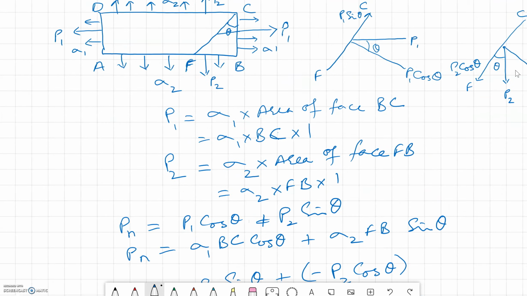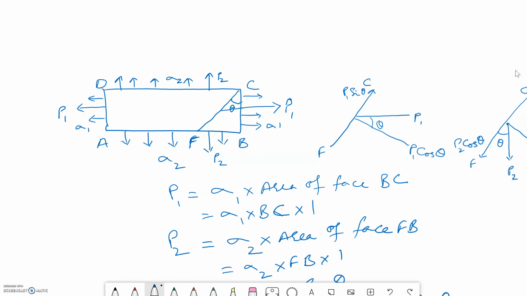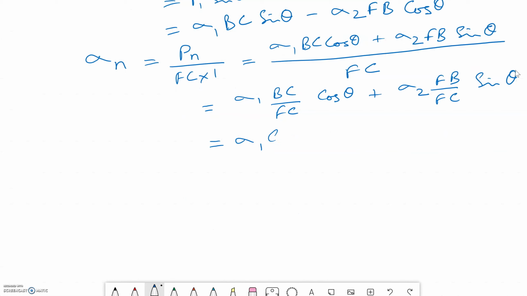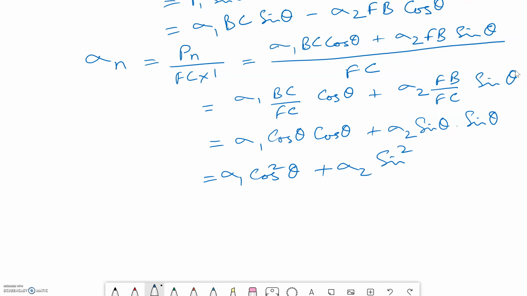Now if you look at the triangle FCB, your BC by FC will be cos theta and your BF by FC will be sin theta. So substituting that here, cos theta plus sigma 2 sin theta times sin theta. You get sigma 1 cos square theta plus sigma 2 sin square theta.